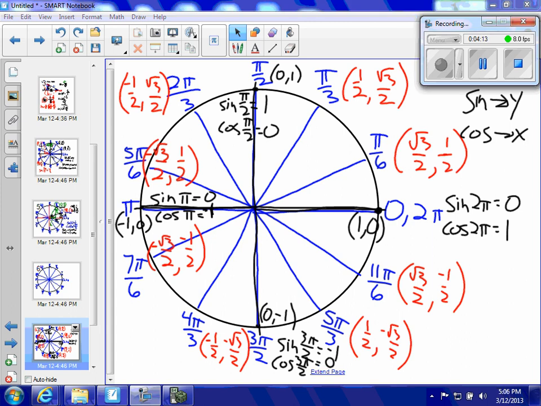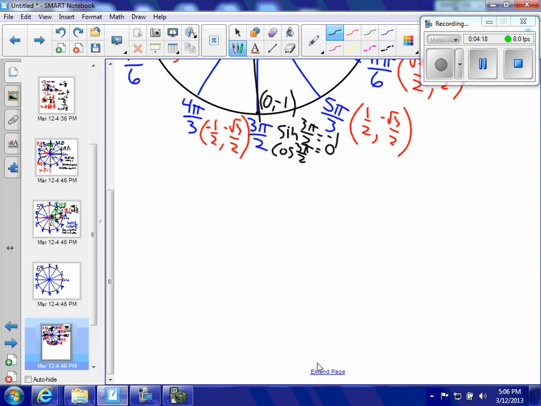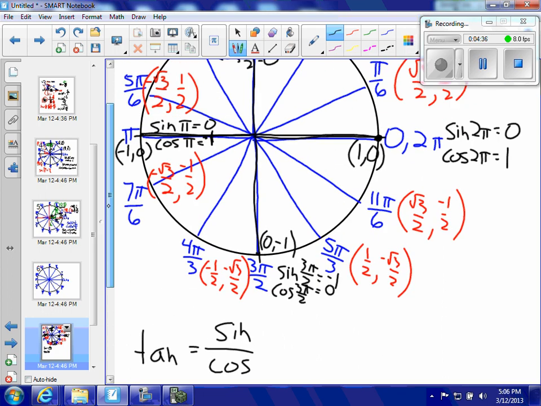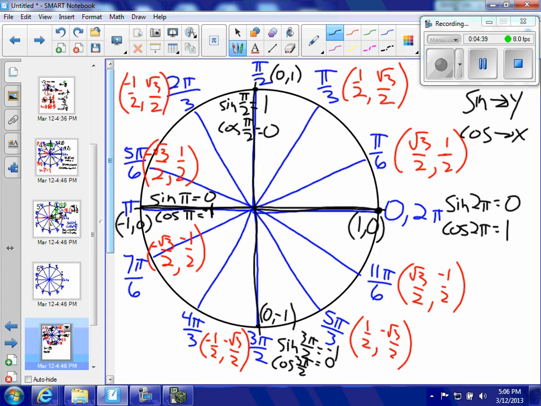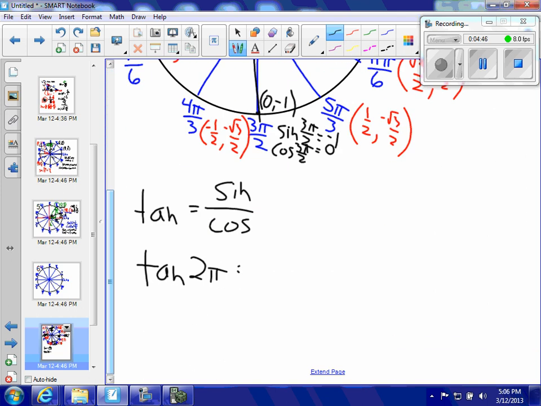This is going to have some interesting ramifications for tangent. Remember, we said tangent is the same thing as sine over cosine. So how about tan 2 pi? Well, my sine at 2 pi is 0. My cosine is 1. So tan 2 pi would be 0 over 1, which is equal to 0.